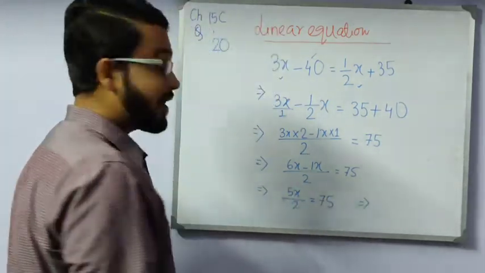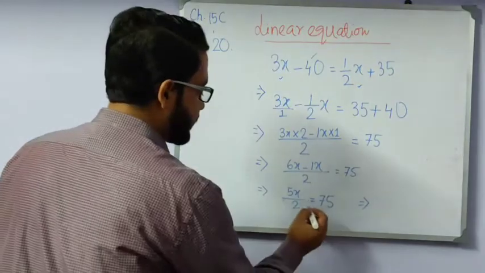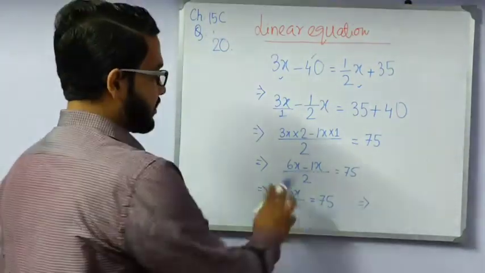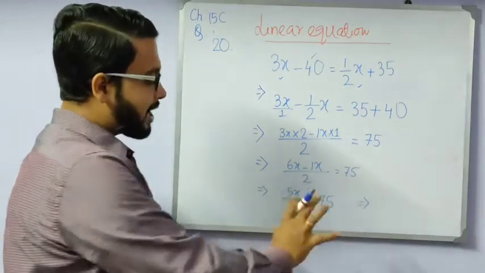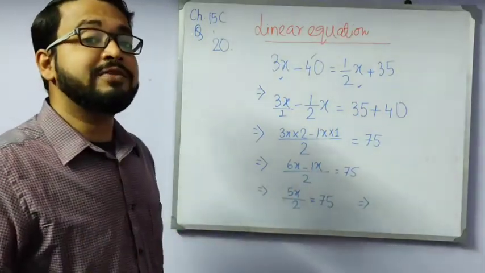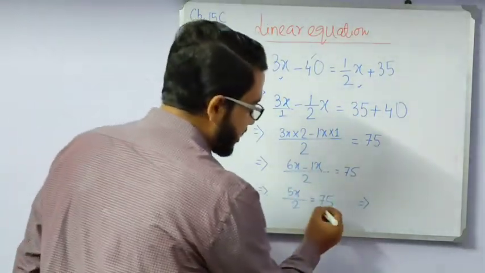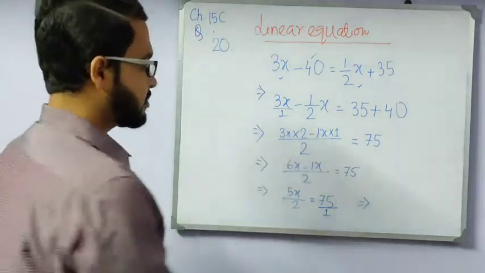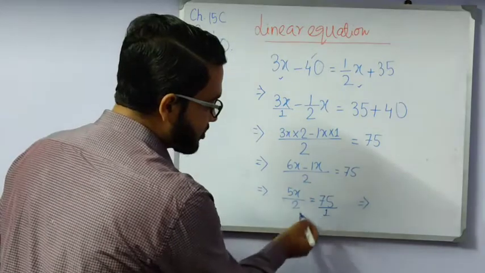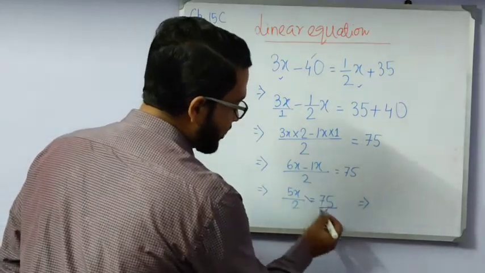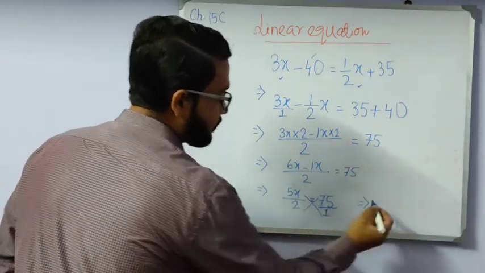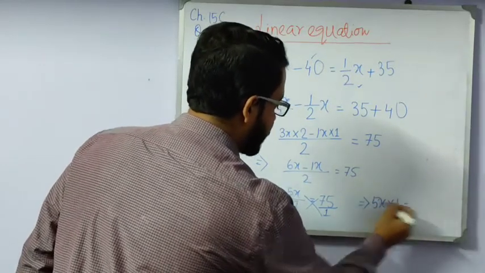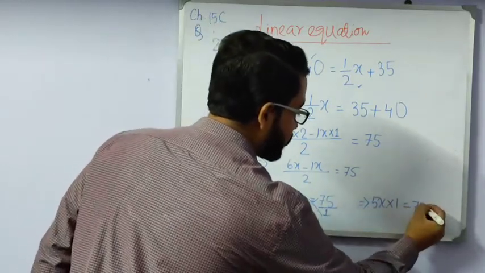Now we have to cross multiply it because there is no plus or minus related term. These two terms are in multiplication or division form. So here minus 1 is present. Now cross multiply these two. 5x into 1 is equal to 75 into 2.